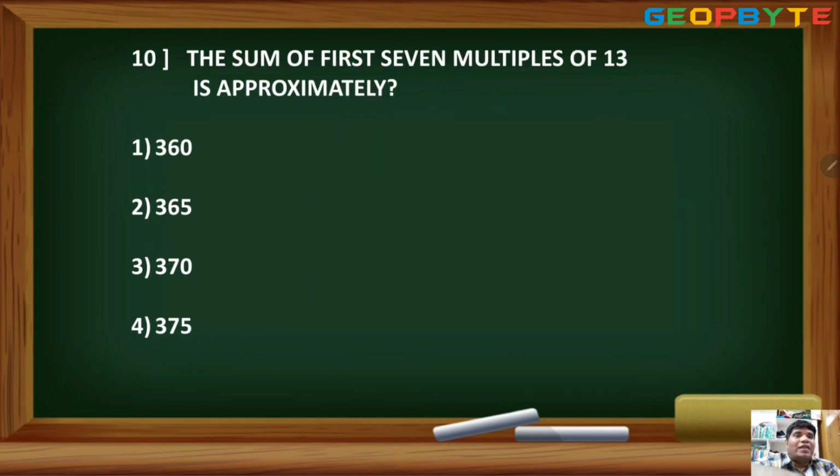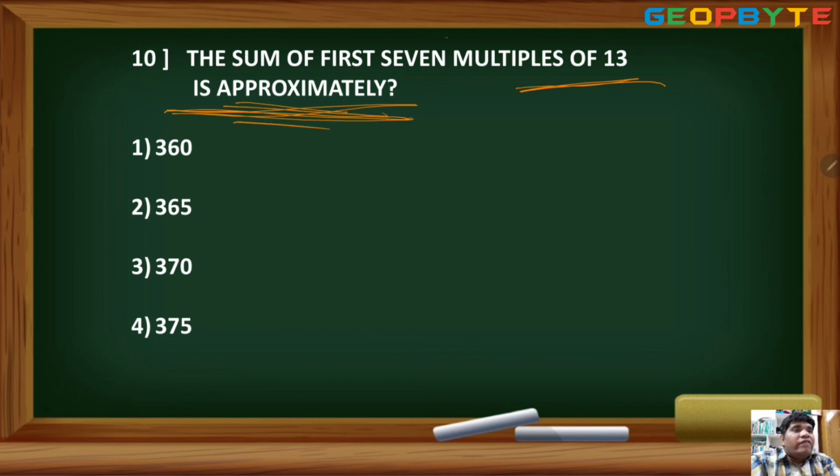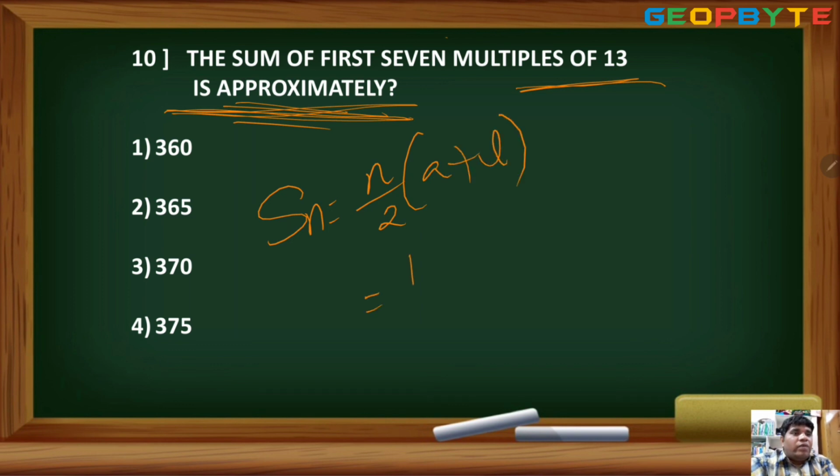Okay. Next, the sum of the first 7 multiples of 13 is approximately, they're asking approximately. So 7 multiples of 13 would take time, so we use Sn equal to n by 2 into a plus l. Number of terms 7 by 2.